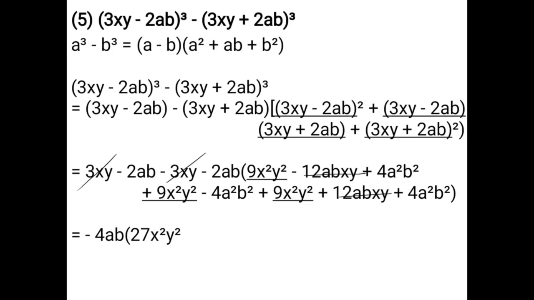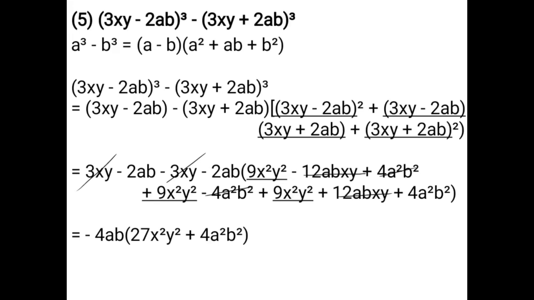Minus 12abxy plus 12abxy get cancelled. Plus 4a square b square minus 4a square b square get cancelled. So what will remain? Plus 4a square b square.